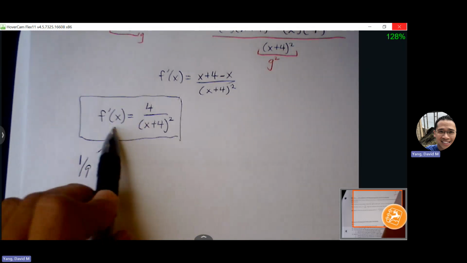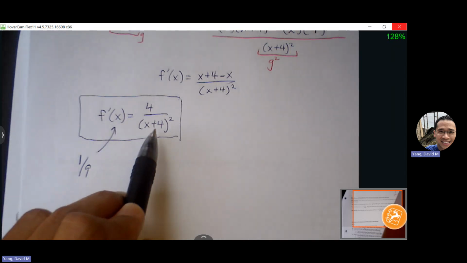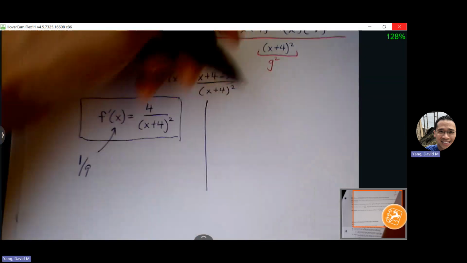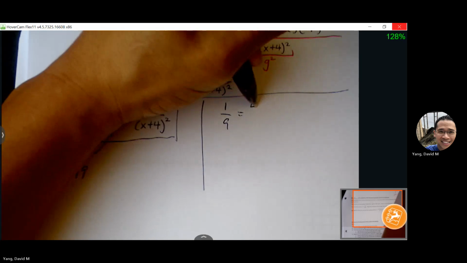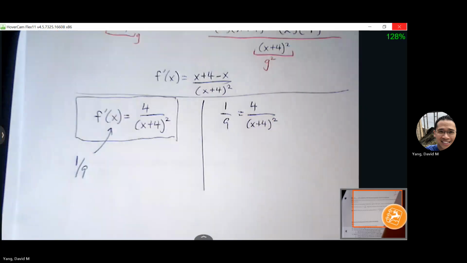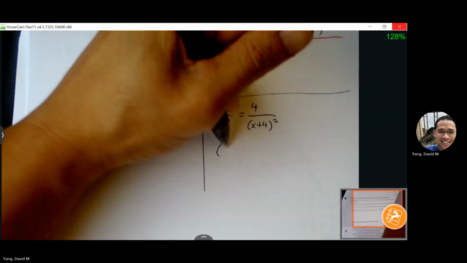So I'm going to give the derivative 1/9 and ask it, can you tell me the location where the original graph is going to experience a slope of 1/9? Right. So that's our algebraic step here. Cross multiply here.